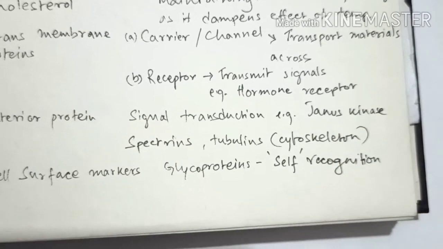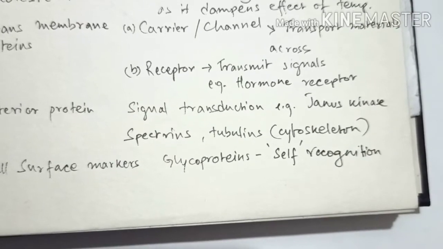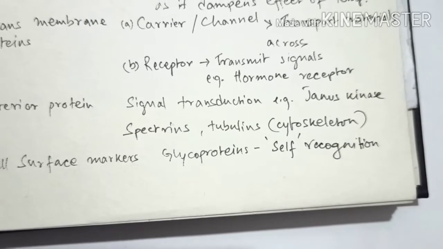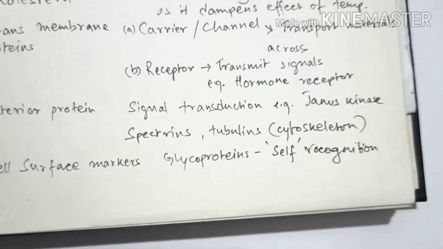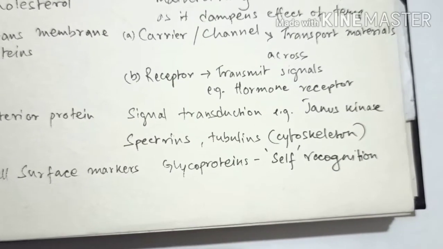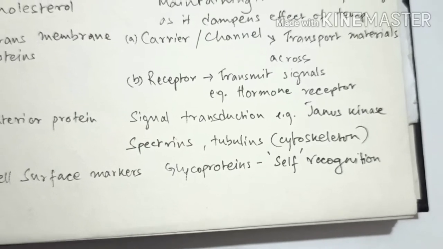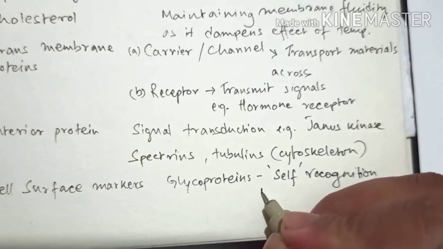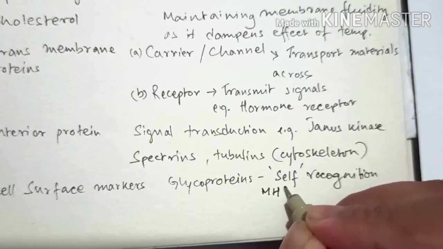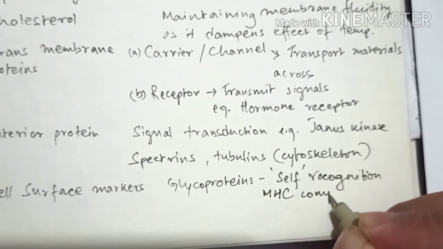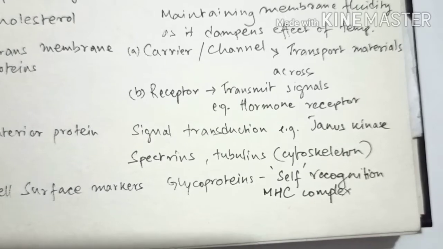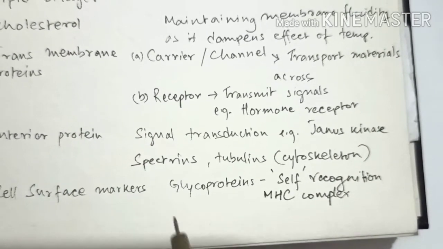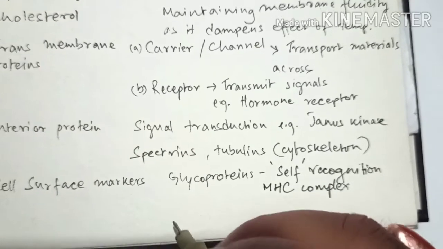For instance, there are specific cells like the cytotoxic T lymphocyte or the CTL, which will attack and kill the cancerous cell, whereas the normal cell will be saved. Now this is all possible due to a specific molecule called the MHC complex, or its full name is major histocompatibility complex, which helps in the recognition process, and they are nothing but glycoproteins.